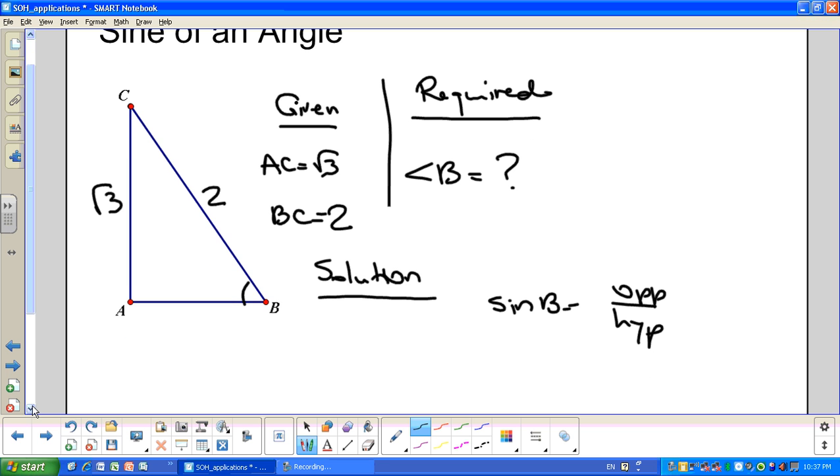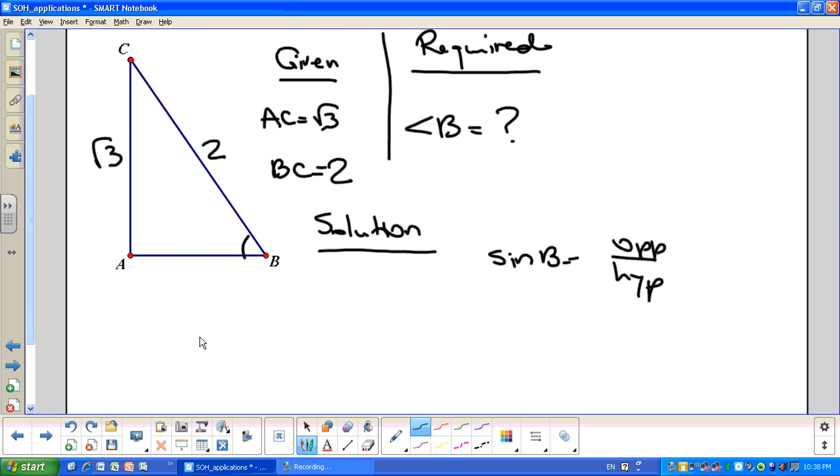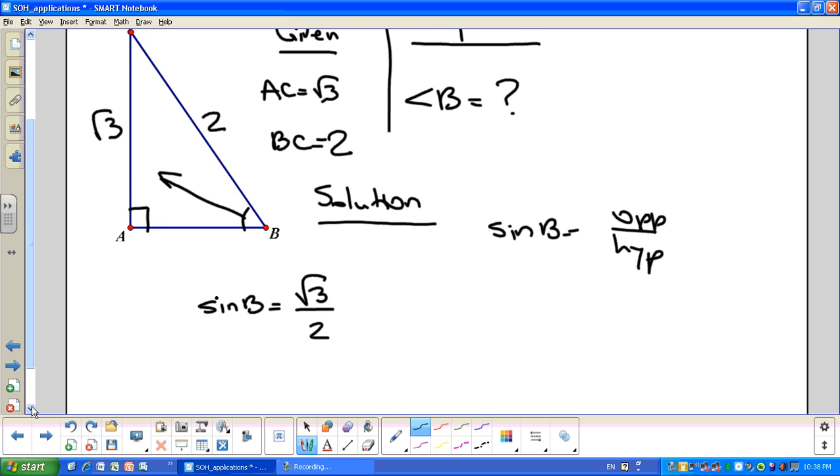Okay, how do I use that? So, sine B equals, what's my opposite? My opposite of angle B is, of course, AC, which is square root of 3 divided by, what is the hypotenuse? The hypotenuse is 2 in this case. Now carefully, here comes the tricky part.